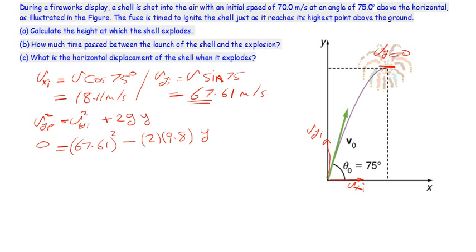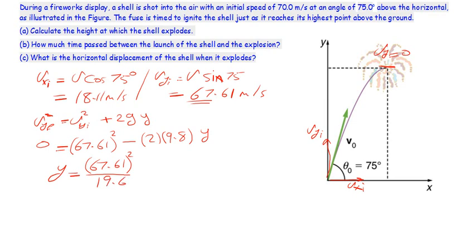Just by rearranging the formula and finding y, it's 67.61 squared over 9.8 times 2, which is 19.6.